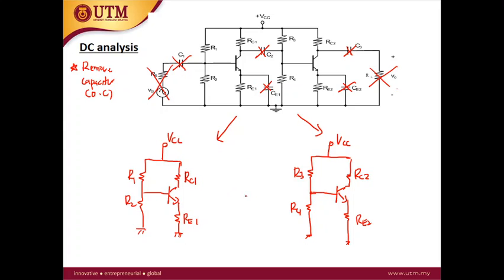It is as if you are doing DC analysis for two different bias circuits. So for this RC coupled it is quite straightforward compared to the direct coupled.